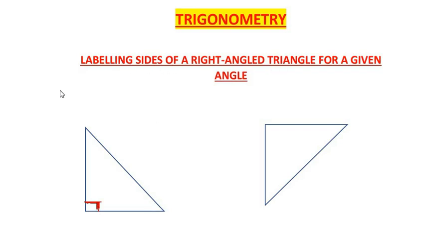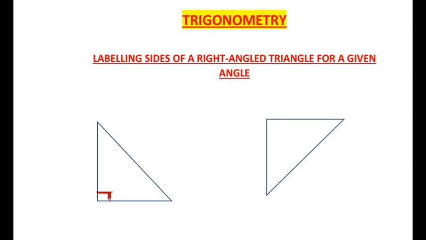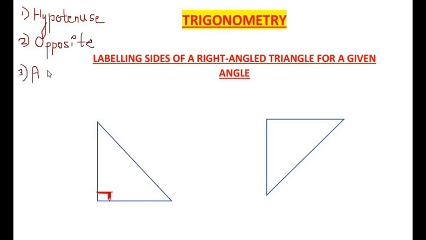Labeling has three things to know. Now the first side we can label is the hypotenuse, followed by the second label called opposite, and finally the third side will be labeled as adjacent.